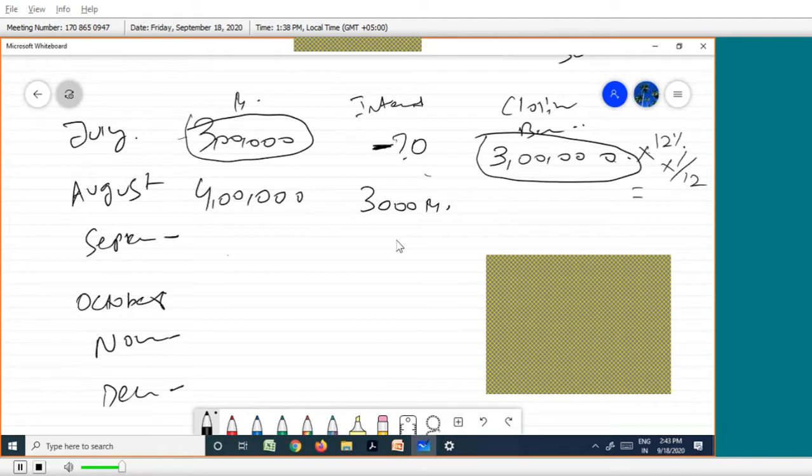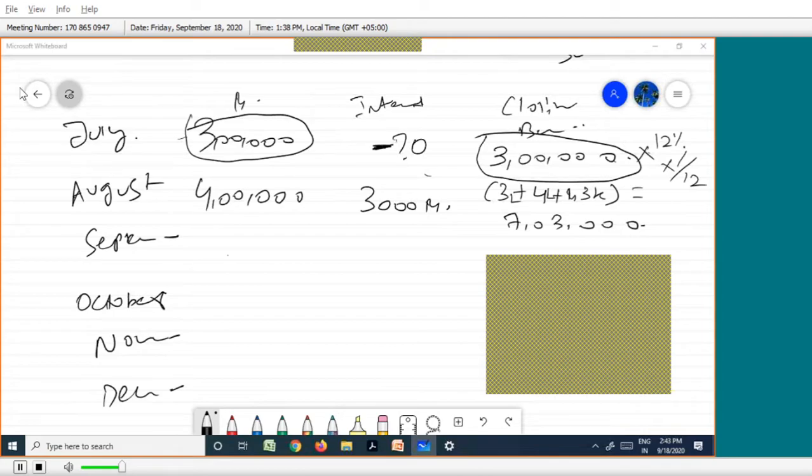The closing balance is 3 lakh plus 4 lakh plus 3,000, this is in lakhs, okay? So 3 lakh plus 4 lakh, 7 lakh, plus 3,000 equals 7 lakh 3,000.